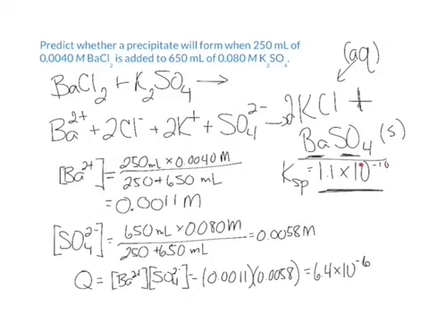Because Q is larger than KSP, you do in fact form a precipitate if you were to mix barium chloride at 0.004 molar concentration with the 0.08 molar concentration of potassium sulfate. A precipitate forms and solid would come out of solution. And that is how you can predict whether a precipitate will form given two ionic species in solution.